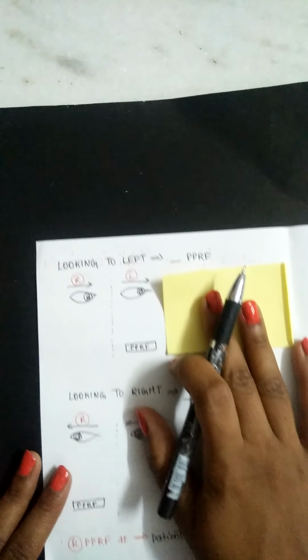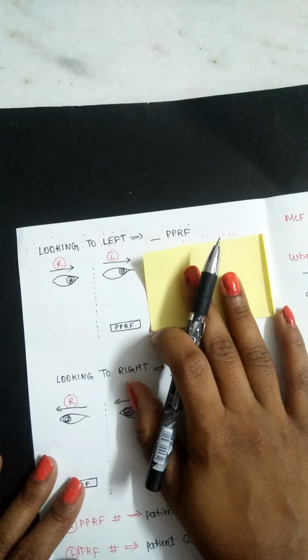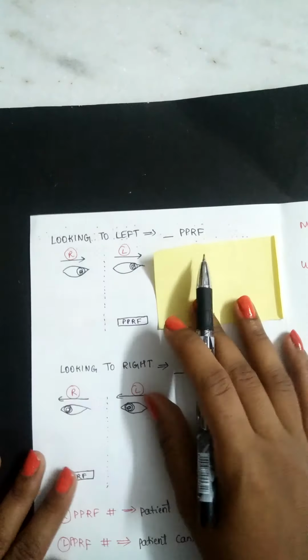I have tried to explain this with a diagram. Now give a guess. Looking to left, which PPRF is fired? It is ipsilateral, right? So left PPRF fires. Looking to right, which PPRF fires? It is right PPRF.